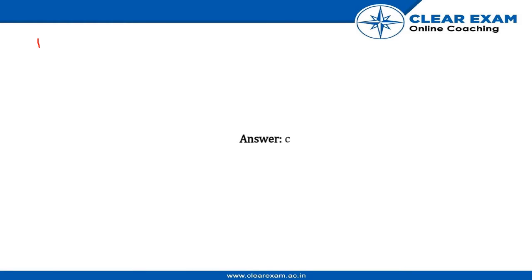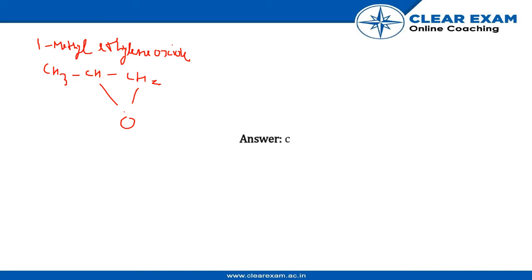First we will take the 1-methyl ethylene oxide given in the question, that is CH3 CH CH2 with O carrying two lone pairs.